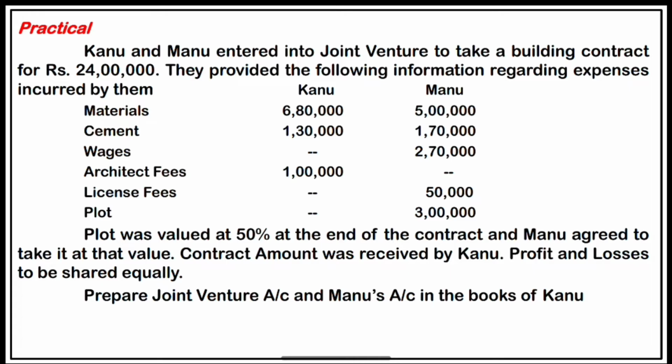Wages 0 for Kanu, 2,70,000 for Manu. Architect fees 1 lakh 0. License fee and plot supplied by partner Manu.